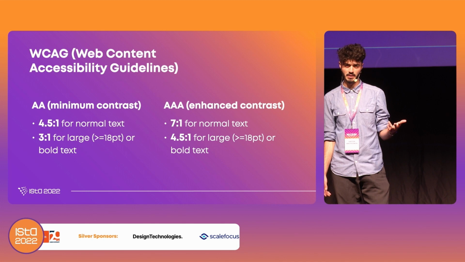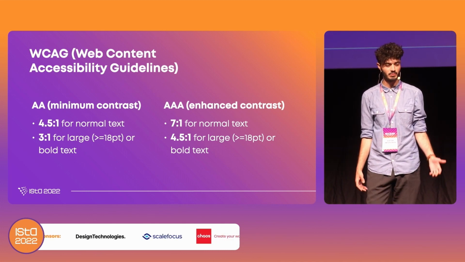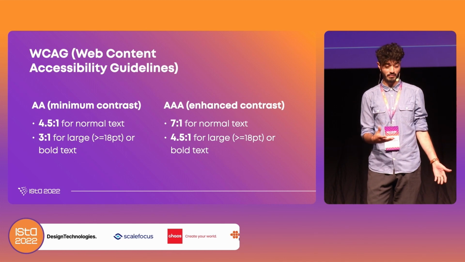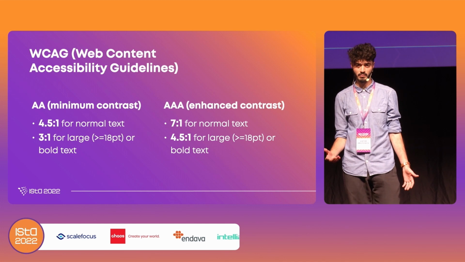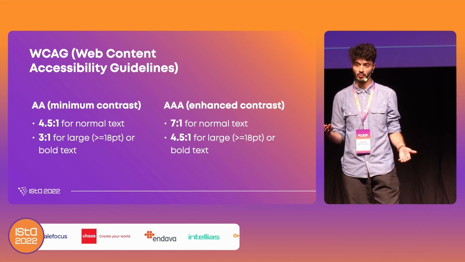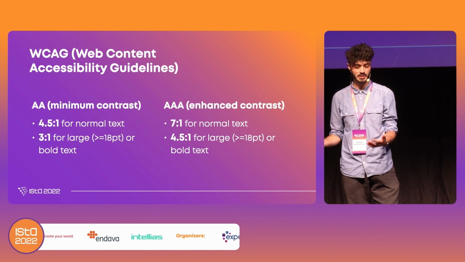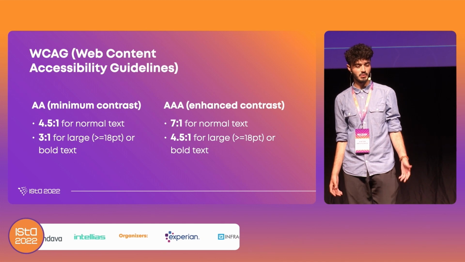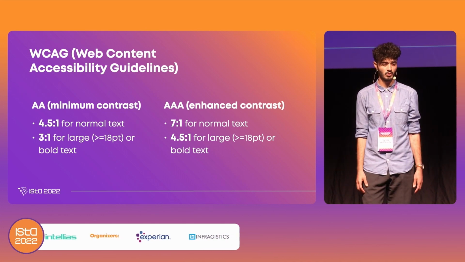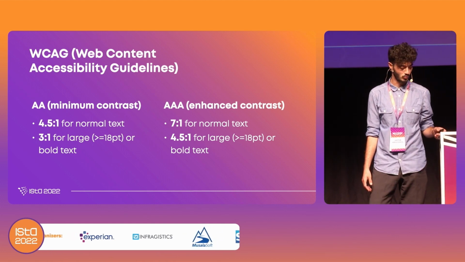The first one is the AA standard, which is about the minimum contrast, which says that we need to have 4.5 to 1 for normal text, and then 3 to 1 for larger text or bold text. On the other side, we have the enhanced contrast, which is AAA. In this case, we need to have at least 7 to 1 for normal text and 4.5 to 1 for large or bold text.